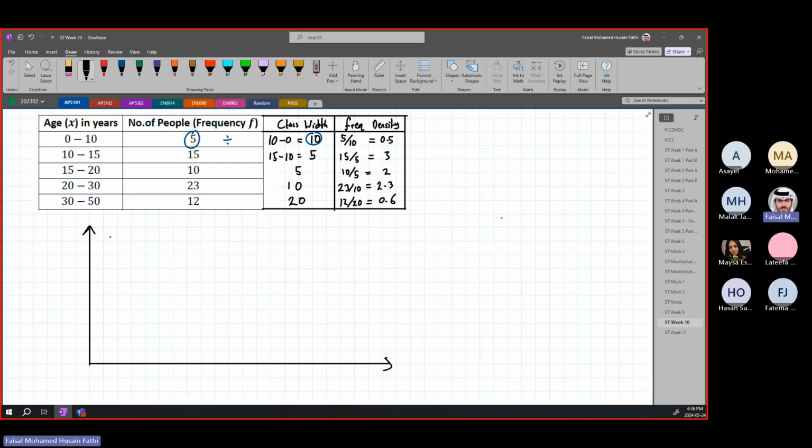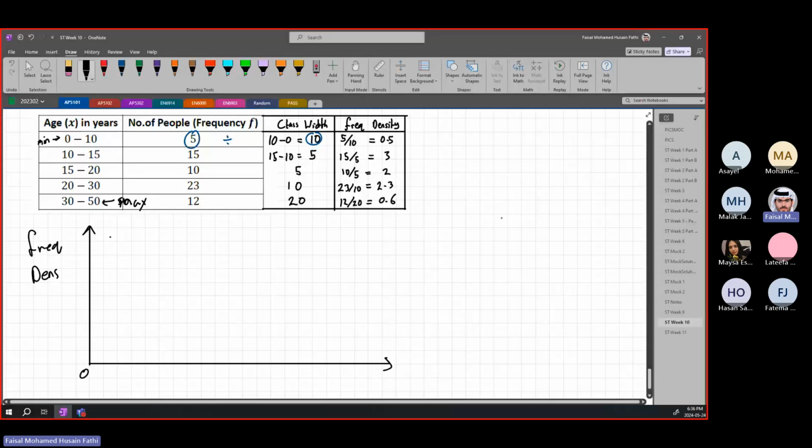So here, this is frequency density, and here, this is going to be your classes, from 0 to 10, 10 to 15. We have our classes starting from the minimum value, which is 0, and our maximum value, which is 50.